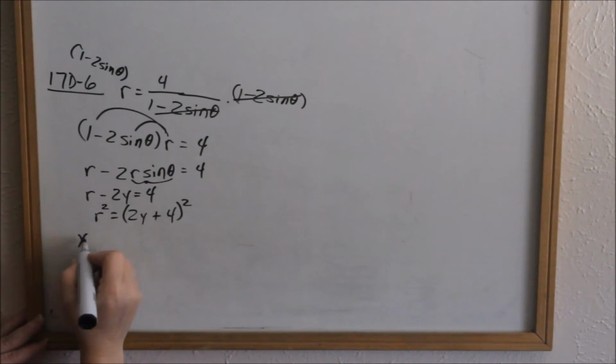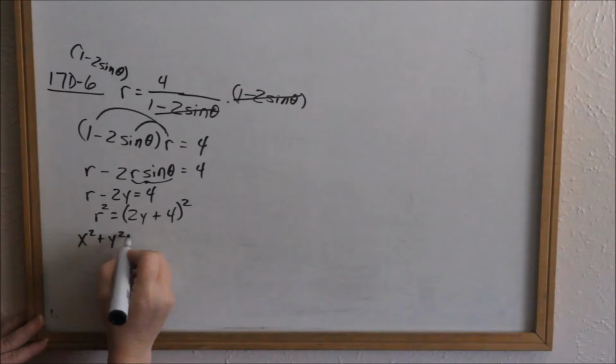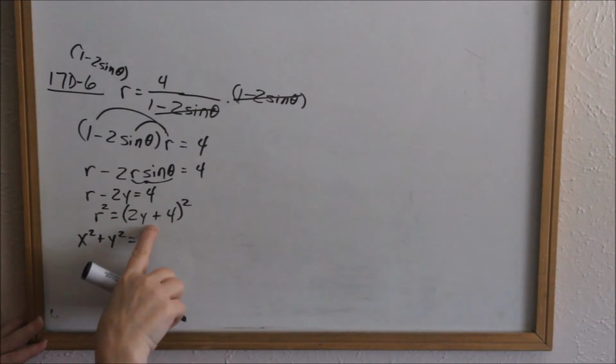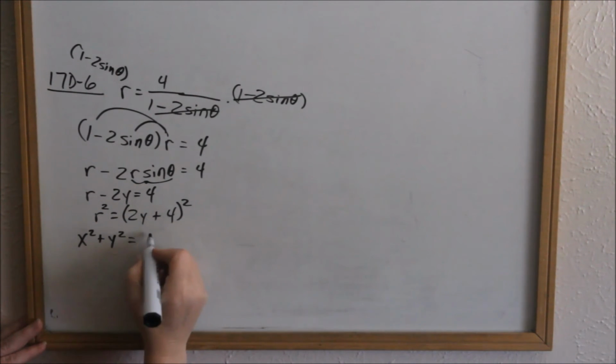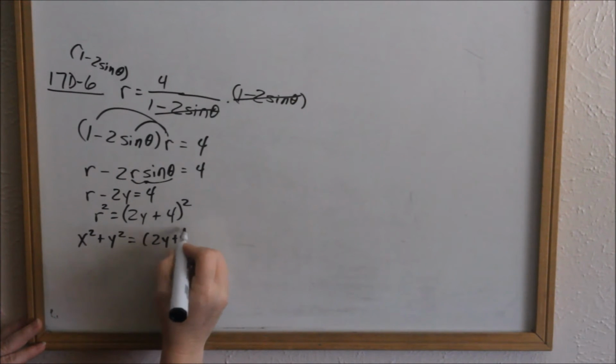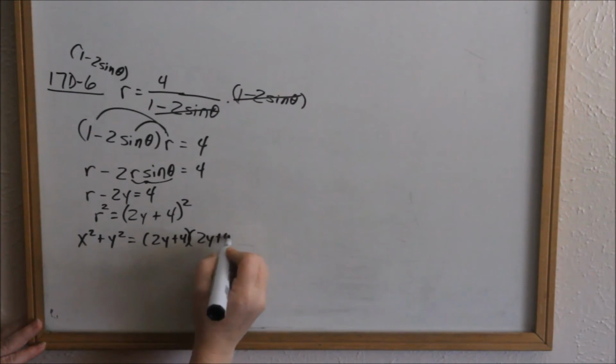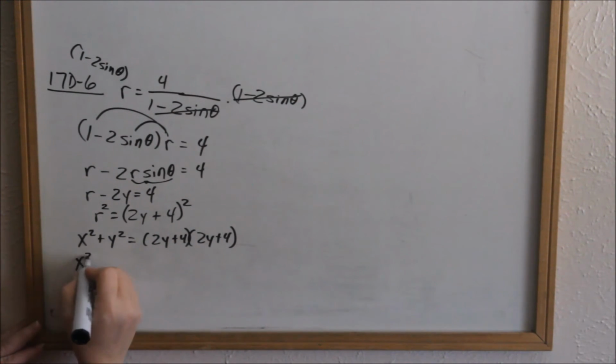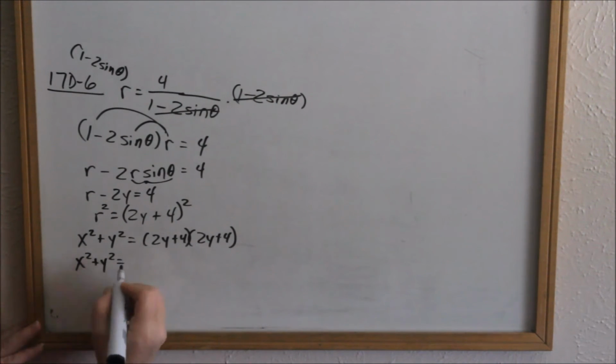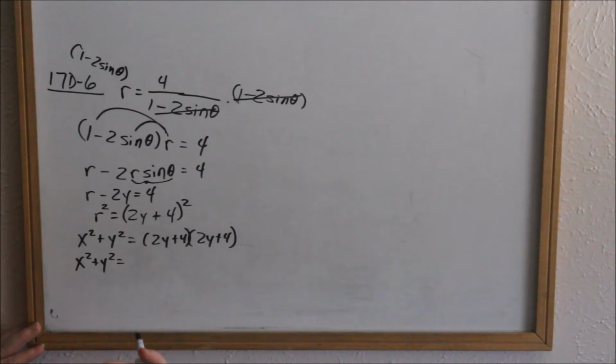I can now replace it with x squared plus y squared equals, I'm going to multiply that out. That would be 2y plus 4 times 2y plus 4. So x squared plus y squared, this is the question of how far do you go and how much do you simplify it.